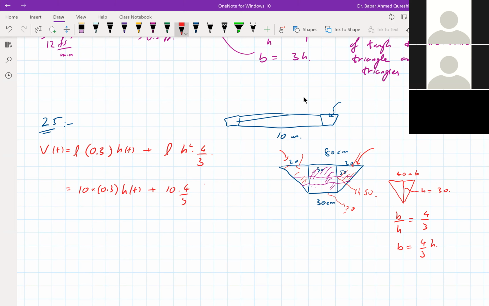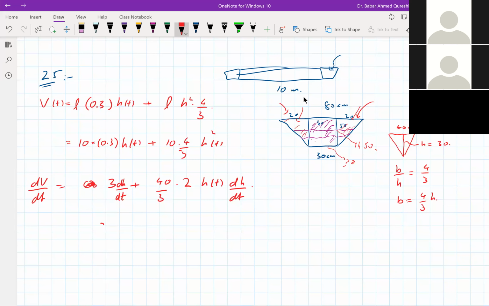So now you do dV over dt, you get 3, and the derivative of h is just 1. And here you get 40 over 3 times 2 h of t times dh over dt. Well, this guy was 3 dh over dt, not 1. 3 dh over dt.